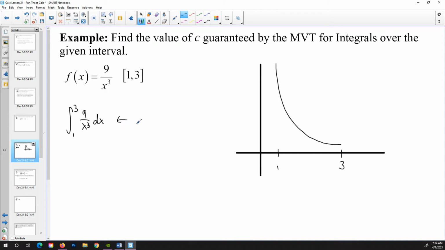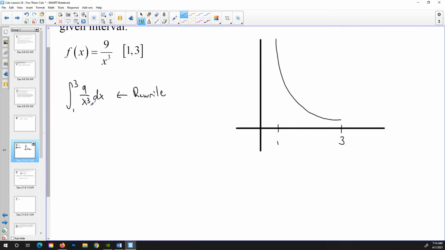So here I'm going to rewrite so that I can do that integration. So we're going to do our integral from 1 to 3. But because 9 is a constant, I'm going to move that 9 out front. And then I'm going to move this x to the third to the top by making that exponent negative.